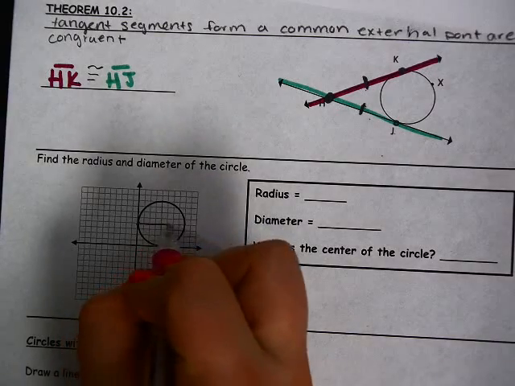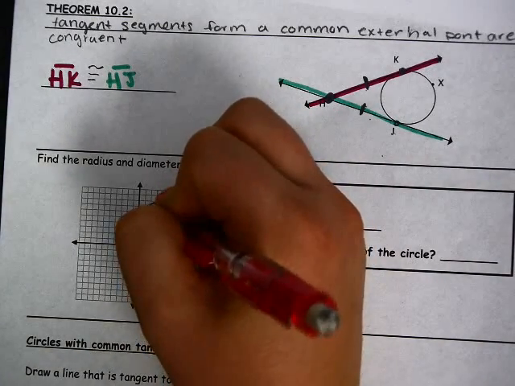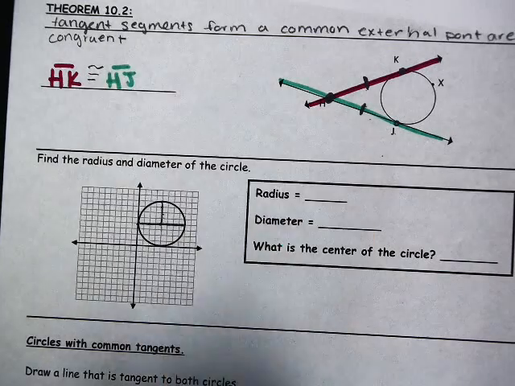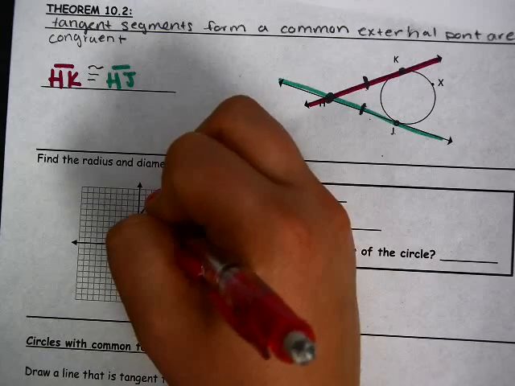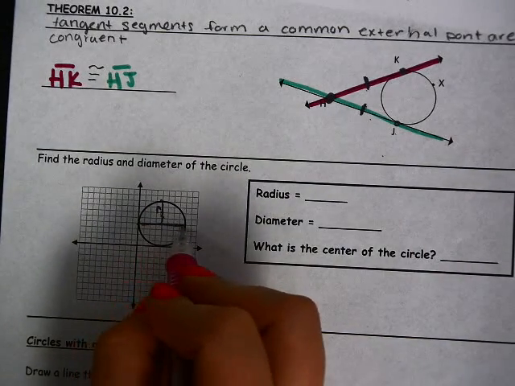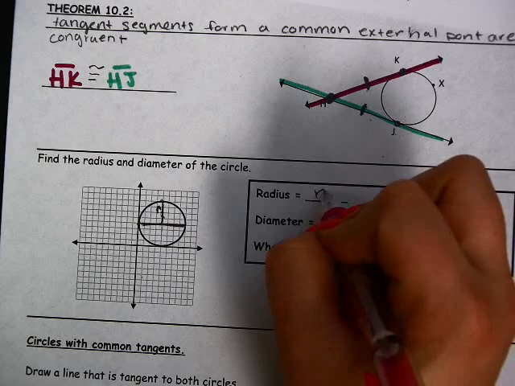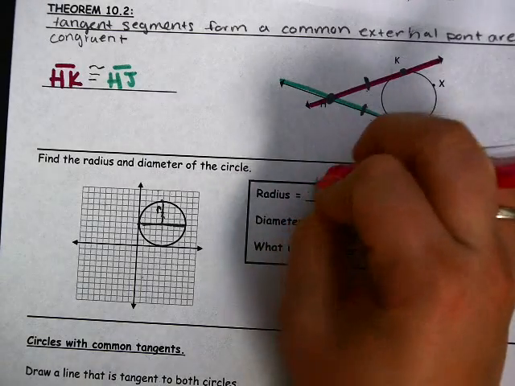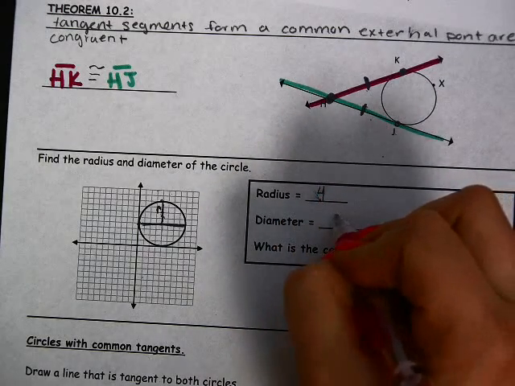So then we know that this line right here is our diameter, and this right here is also our diameter, but I'm just going to mark this half as our radius right here. That way we can see it. So we have our radius is 4. And we have a diameter of 8.